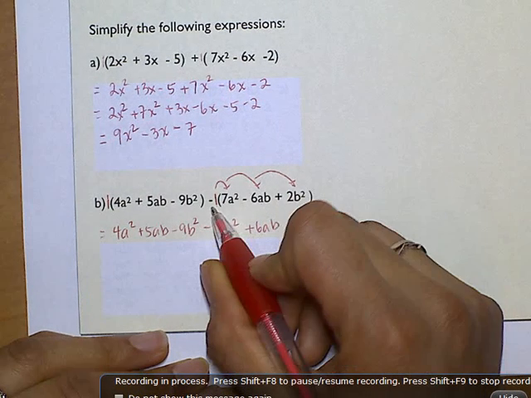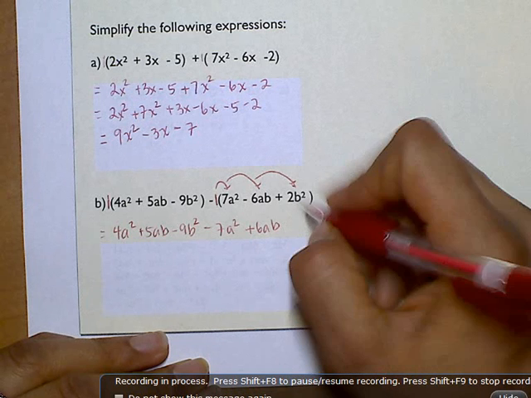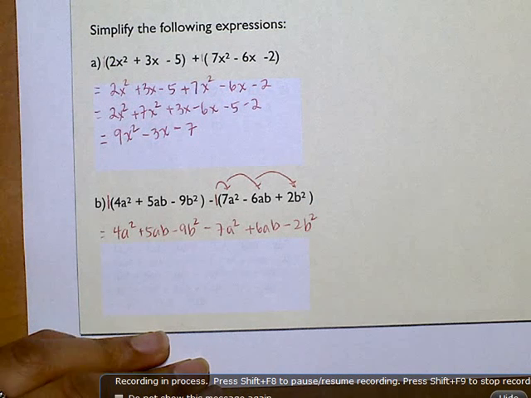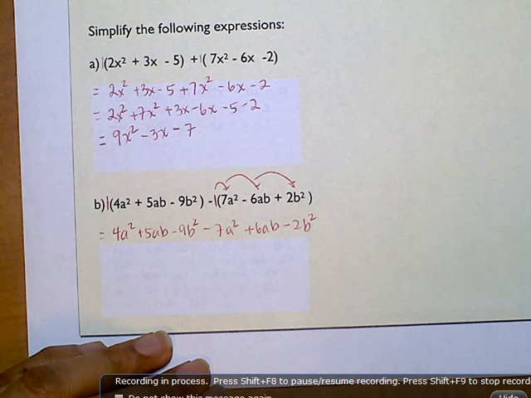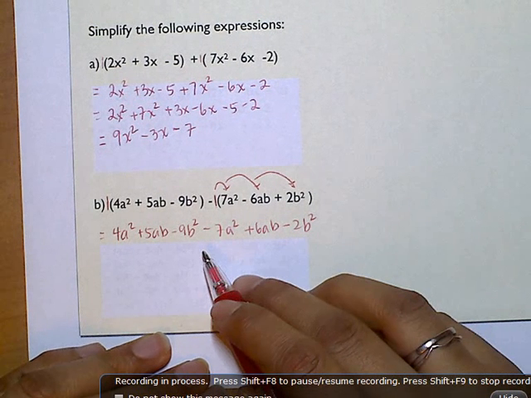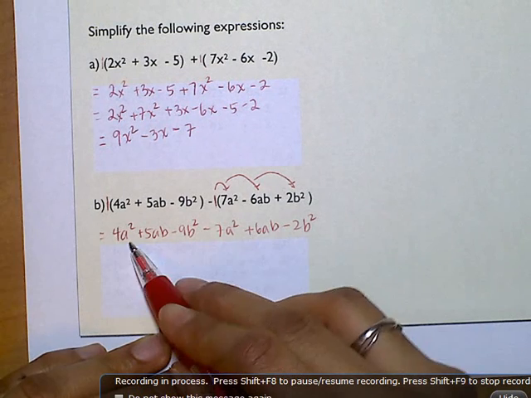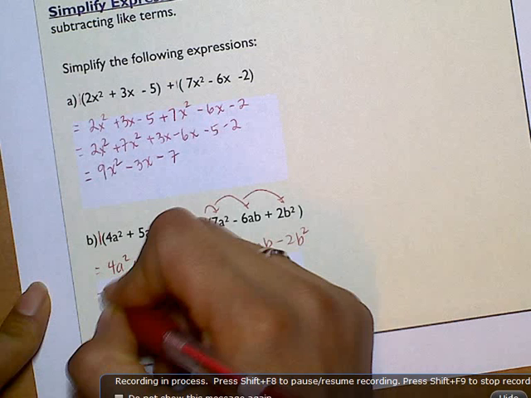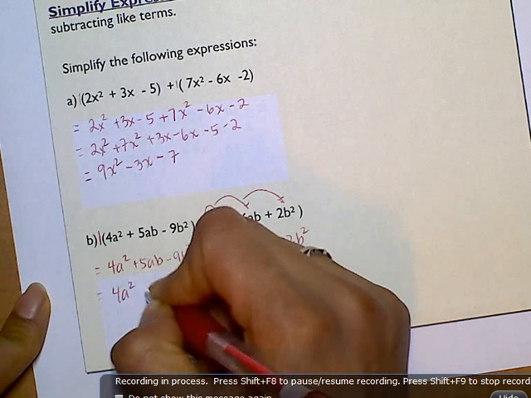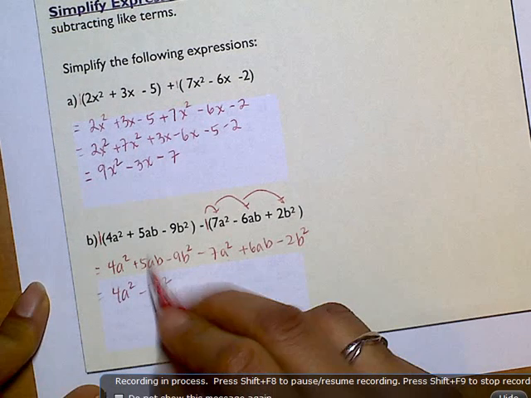So here I have a squared and a squared. I'm going to join those 2 terms together. So that's 4a squared minus 7a squared. 5ab with 6ab. Put those 2 together. And then I have negative 9b squared minus 2b squared.